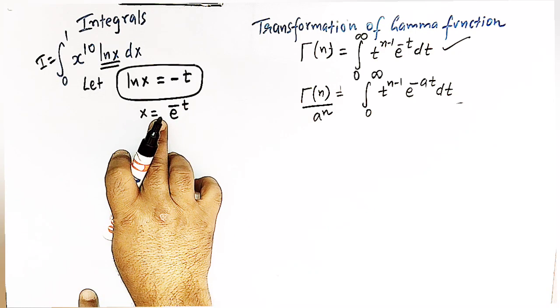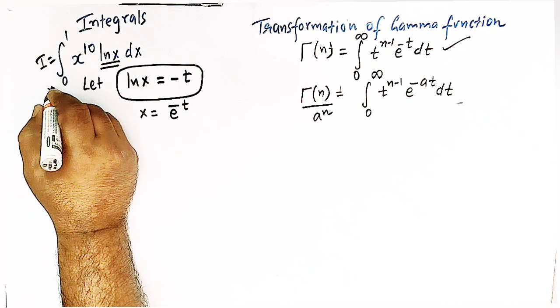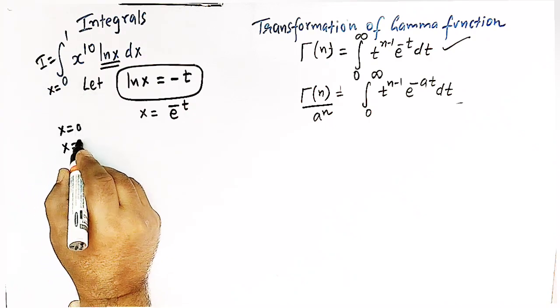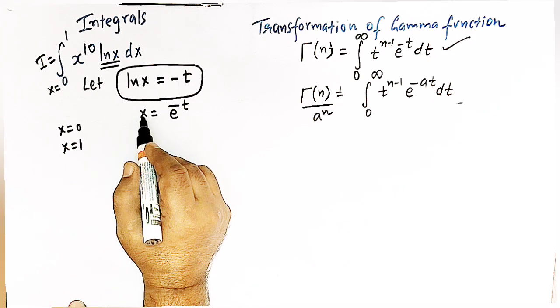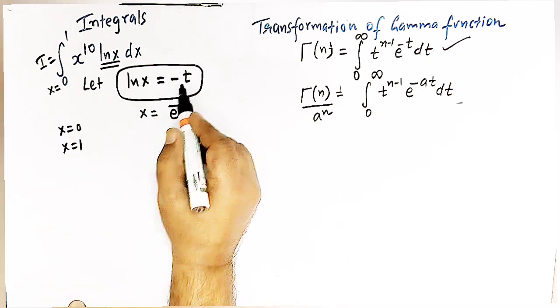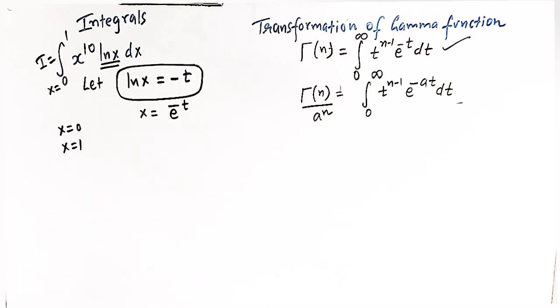Now the limits of integration vary from 0 to 1, and we can calculate the corresponding values of t when x is equal to 0 and when x is equal to 1.